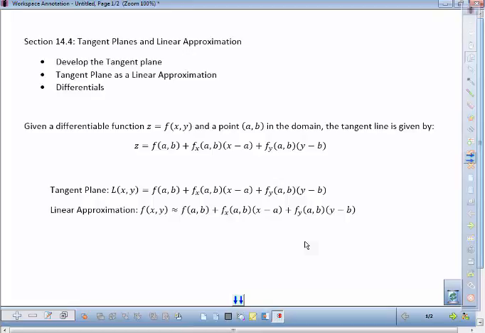So the idea here is that if we have a function that's not a plane, some curved function, the idea is to use the plane as an approximation to the function near the point.